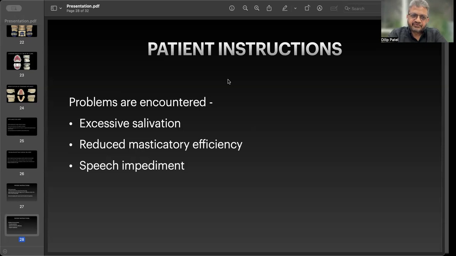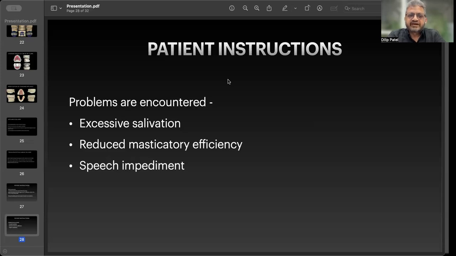Reduced masticatory efficiency. Usually, the patient chews in the retruded position. So the muscles of mastication are habituated to creating the movement during mastication. But as soon as you put the twin block appliance into the oral cavity, changes take place in the movement of the mandible, joint, masticatory muscles, and tongue.